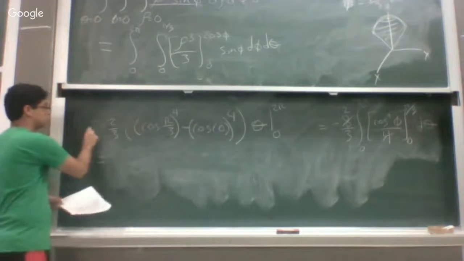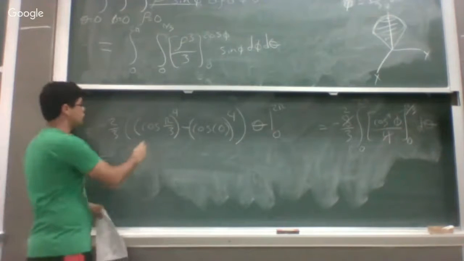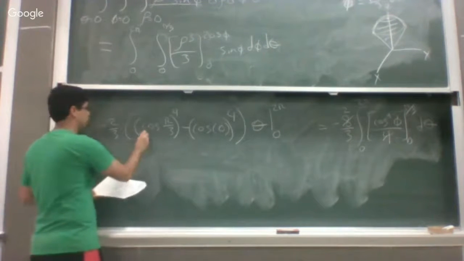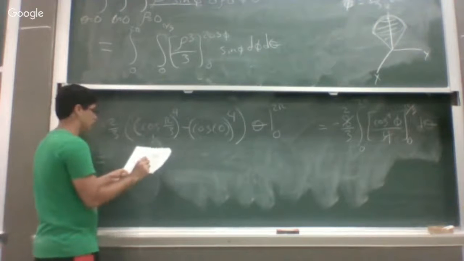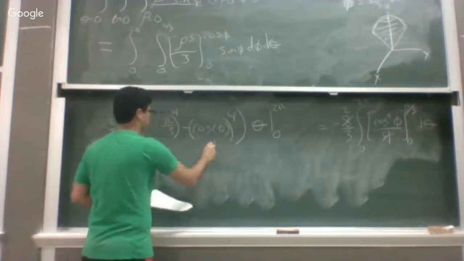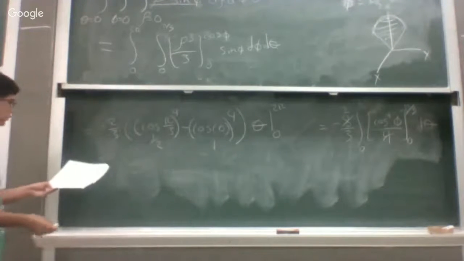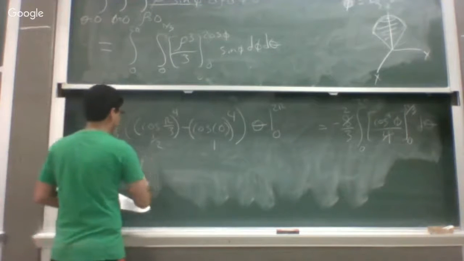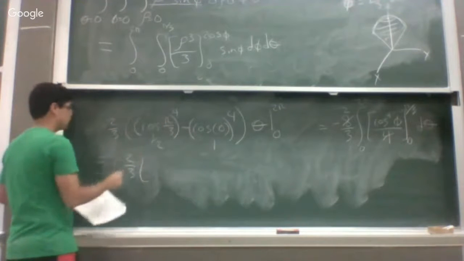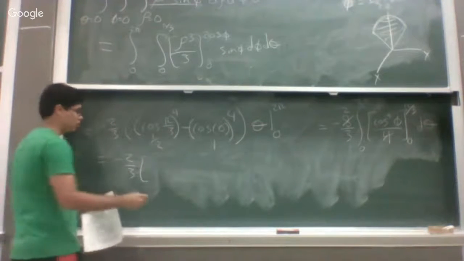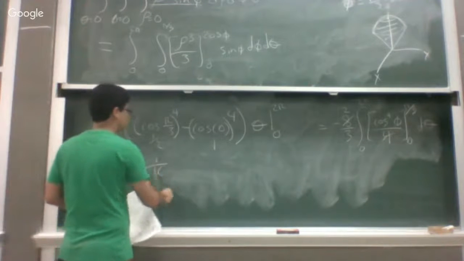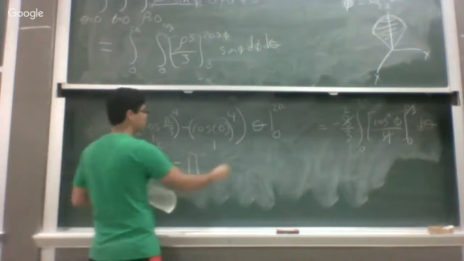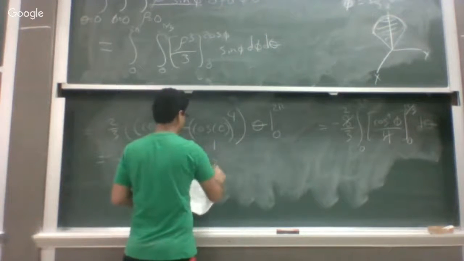So what is cosine of pi over 3? 1/2. So we have 1/2 here, to the 4th. What's cosine of 0? 1. So we couldn't ignore 0. So we have negative 2/3 times the quantity of 1/2 to the 4th power, which is 1/16, minus 1 to the 4th, which is just 1, times 2 pi minus 0, so we can just write 2 pi here.